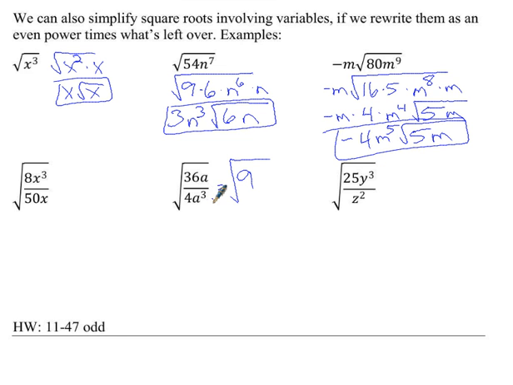And then we have a divided by a to the 3rd. When you have like bases, you subtract exponents if you're dividing. So a divided by a to the 3rd becomes a to the negative 2nd power. And hopefully remember what we do with negative exponents. They go in the denominator. So this is the square root of 9 divided by a squared.